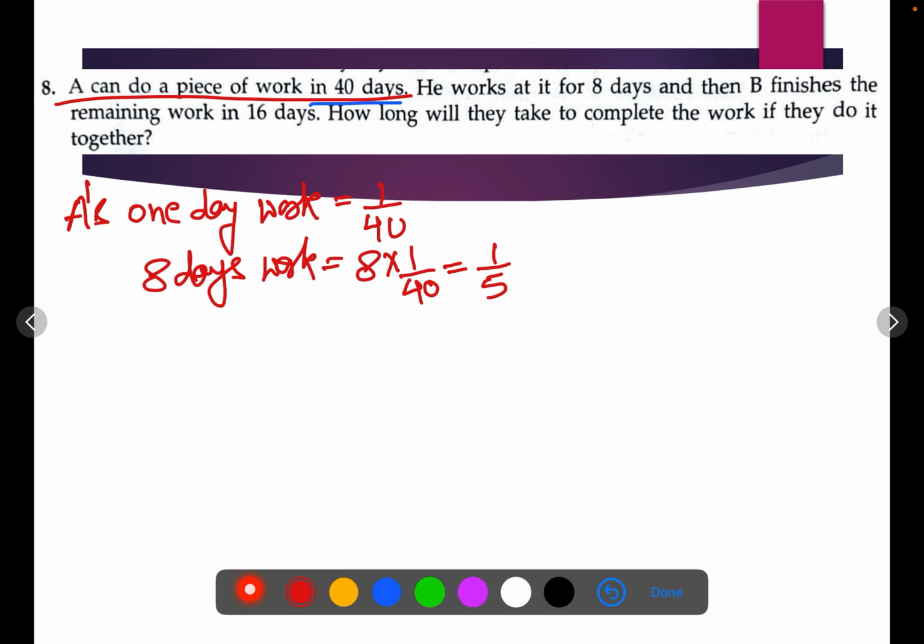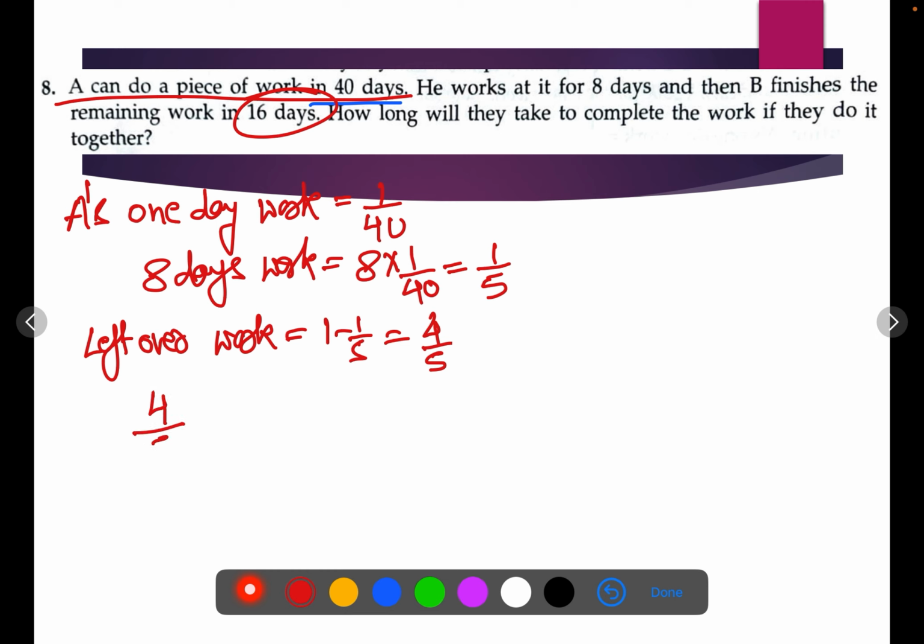Right. Now B finishes, question says, in 16 days. So what is the leftover work? Leftover work which B has done is 1 minus 1 by 5, which is 4 by 5. So B has done 4 by 5 work, 4 by 5th work in 16 days.